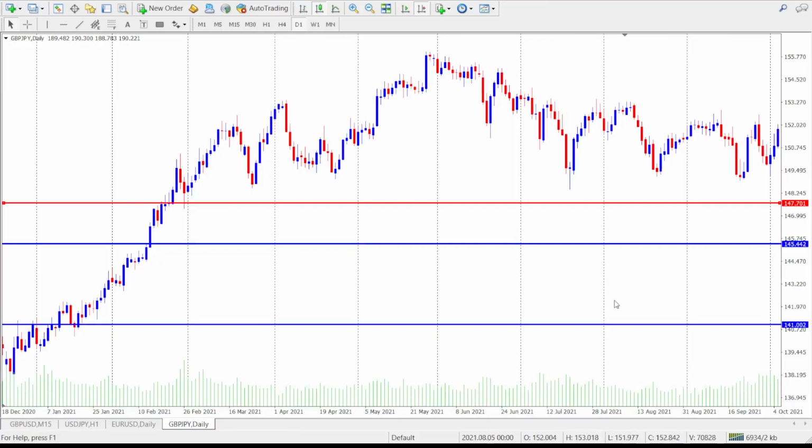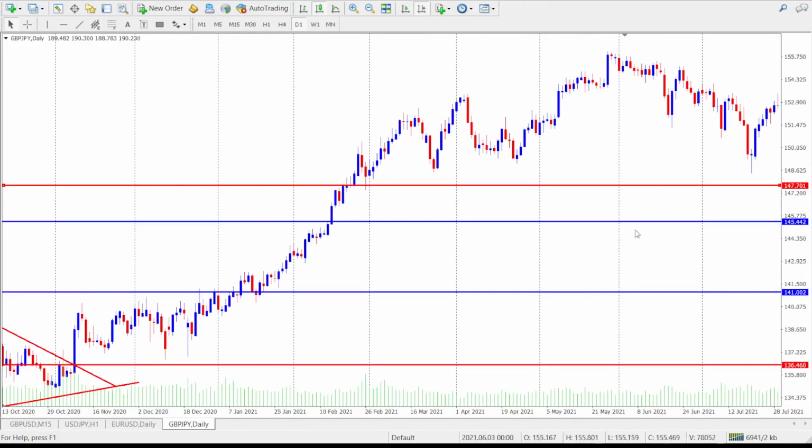Then a pennant looks like a small symmetrical triangle. So after you have the pole, you will usually find something like a symmetrical triangle.